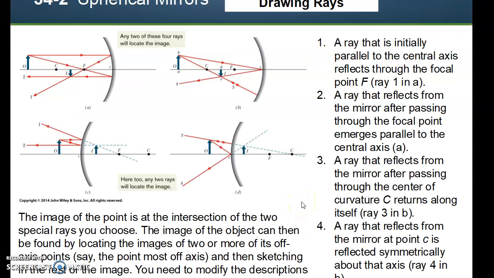So, spherical mirrors. We've got four different cases here. In this first case right here, a ray is initially parallel to the central axis and reflected through the focal point right here. In case number 2, we're looking at a ray that reflects from the mirror after passing through the focal point and emerges parallel to the central axis.